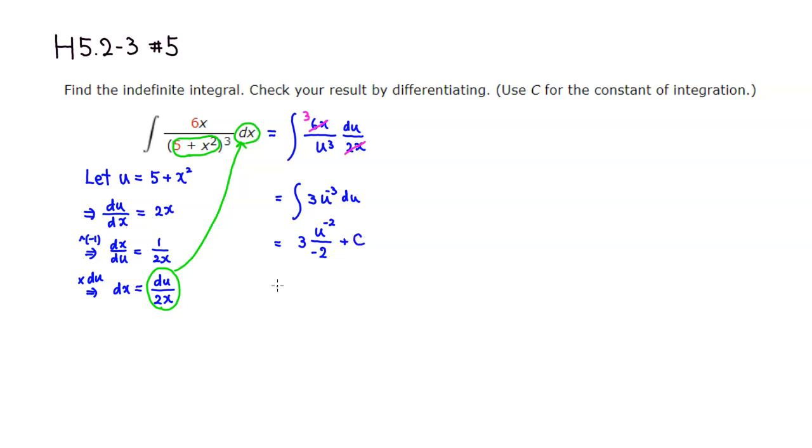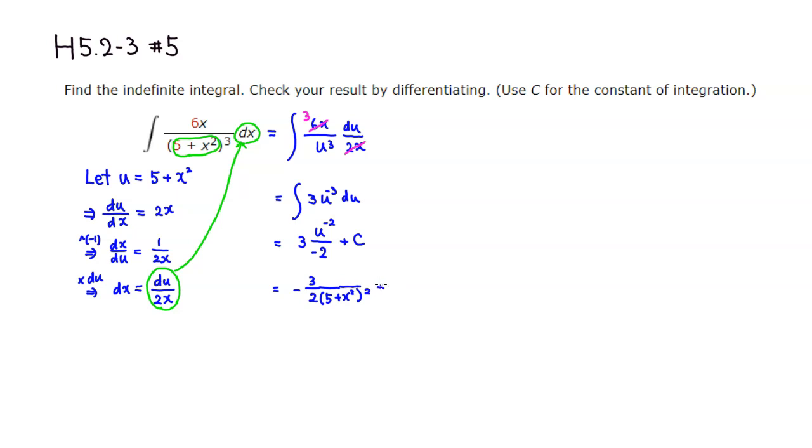Then we can clean it up. We're going to have a negative sign, 3 on top and 2 on the bottom. And u is going to be on the bottom, which used to be 5 plus x squared, and then you have to raise it to the second power.